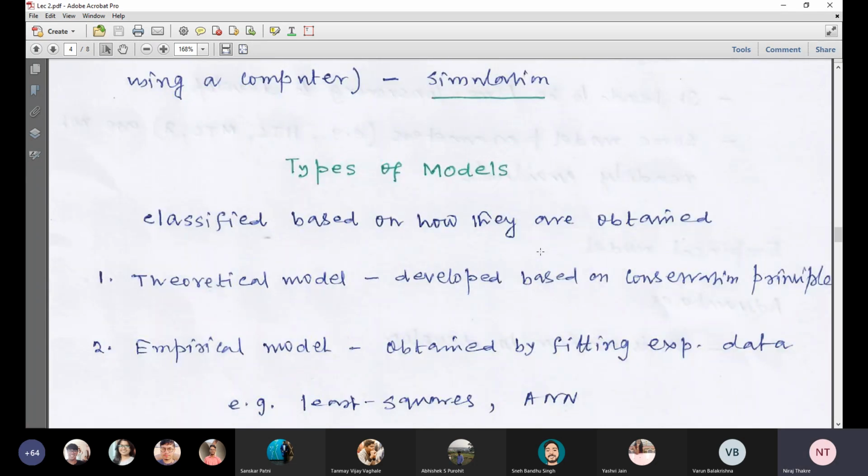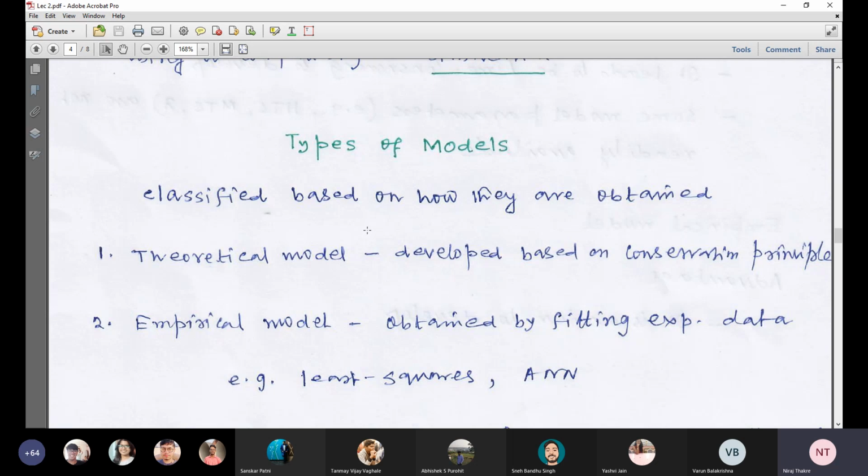Someone also told how we can make these least squares in better way, or maybe for the large systems we can go for this artificial neural network, which artificial intelligence covers. So anyway, these two are based on the input-output data set.